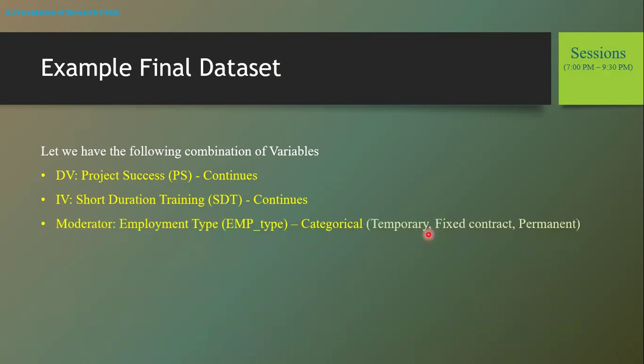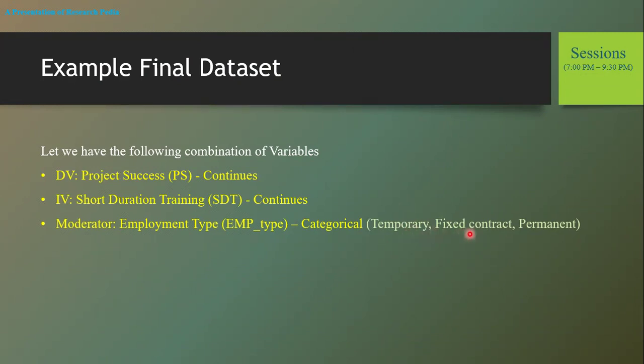Let's say we have a moderator, employment type, that is categorical. It has three categories: temporary, fixed contract, and permanent. Remember that you need to consider one category as a reference category, and the remaining categories need to be dummy variables.